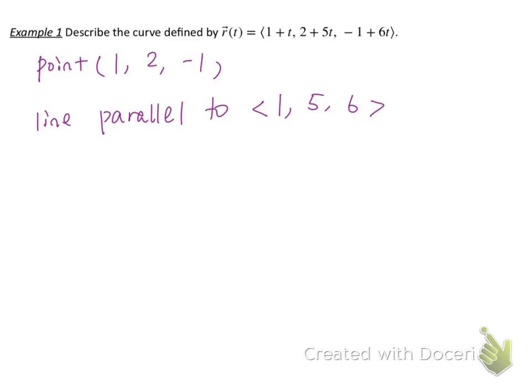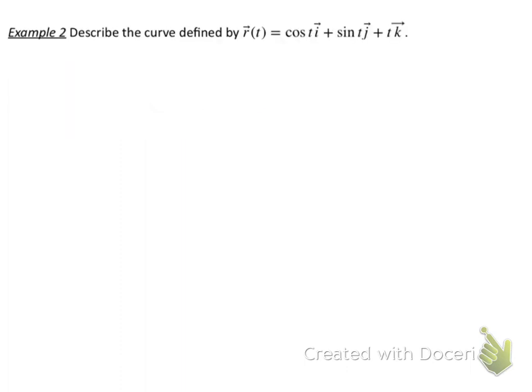So the line is parallel to the vector 1, 5, 6 through the point 1, 2, -1. You need to observe how the components are. This one is easy. We have done this. The next one is a little bit tricky.